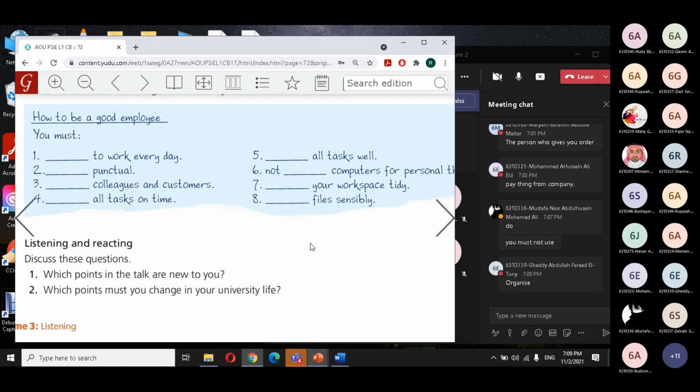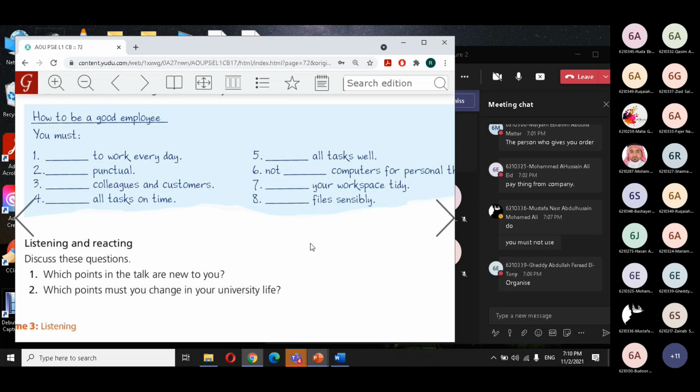So we said that how to be a good employee, the first point is you must go to work. And you remember we said if you are sick and you can't go to work, you must phone and tell your manager. You must be punctual. You must respect colleagues and customers. You must do all tasks on time. You must do all tasks well.